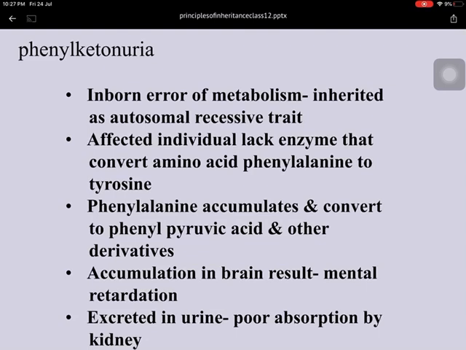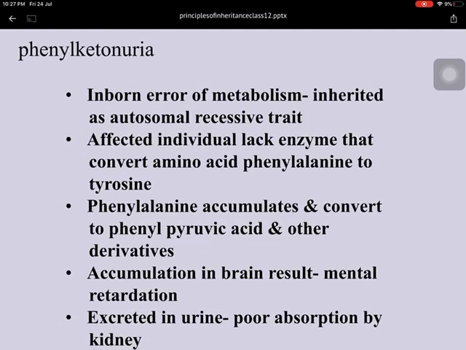Actually, what happens in this disease? The affected individual lacks the enzyme that converts the amino acid phenylalanine to tyrosine. So the amino acid phenylalanine has to be converted into tyrosine. But what happens in this?